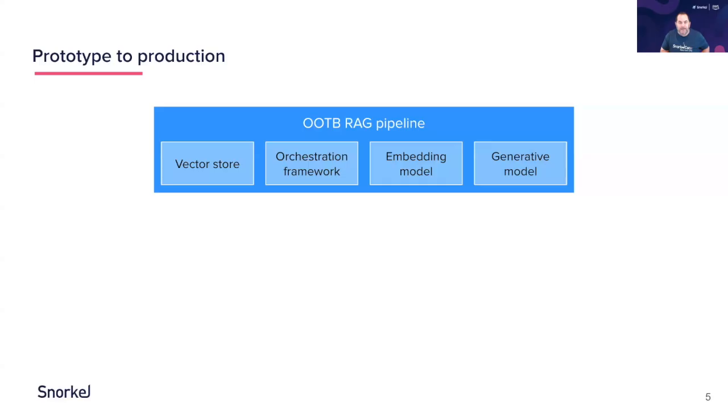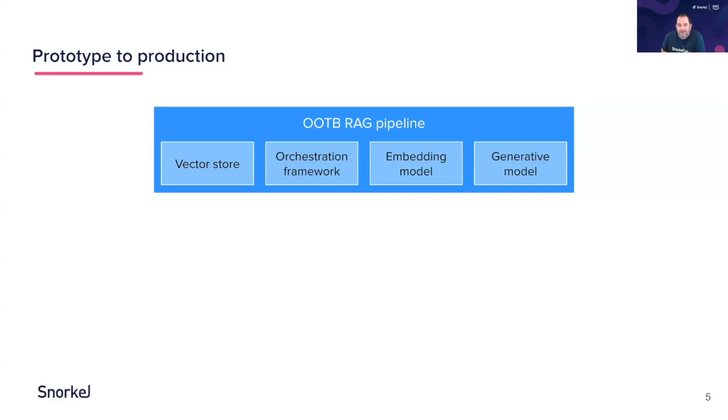What and where. These early slides are intended to provide a little bit of context. The way I think about it is it's not very difficult to set up an out-of-the-box RAG pipeline, right? You have some very well-known orchestration frameworks, whether your favorite is LangChain or Llama Index or any of the others that are out there. Plenty of options for vector stores.